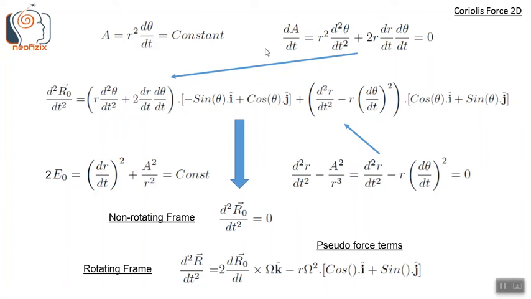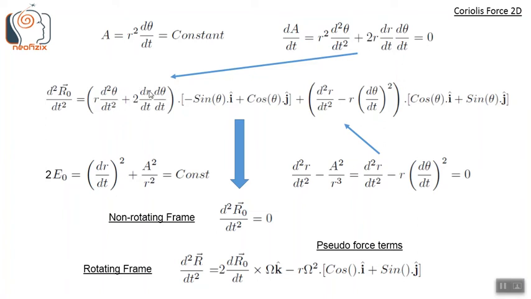From this angular momentum A equation, taking the time derivative, we get the RHS term equal to 0. This term is related to the tangential acceleration term that we observe in the inertial frame.